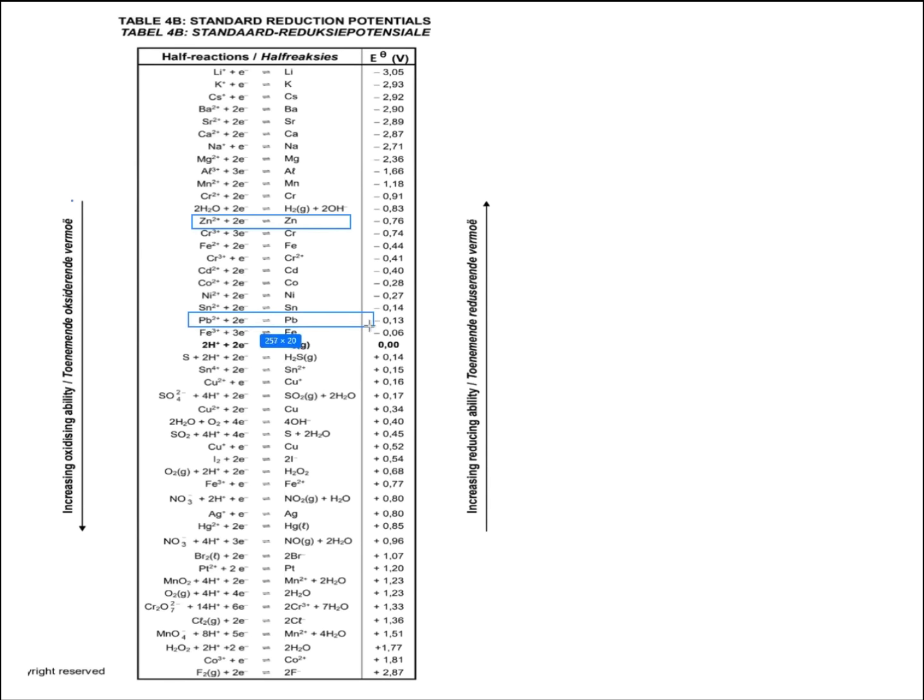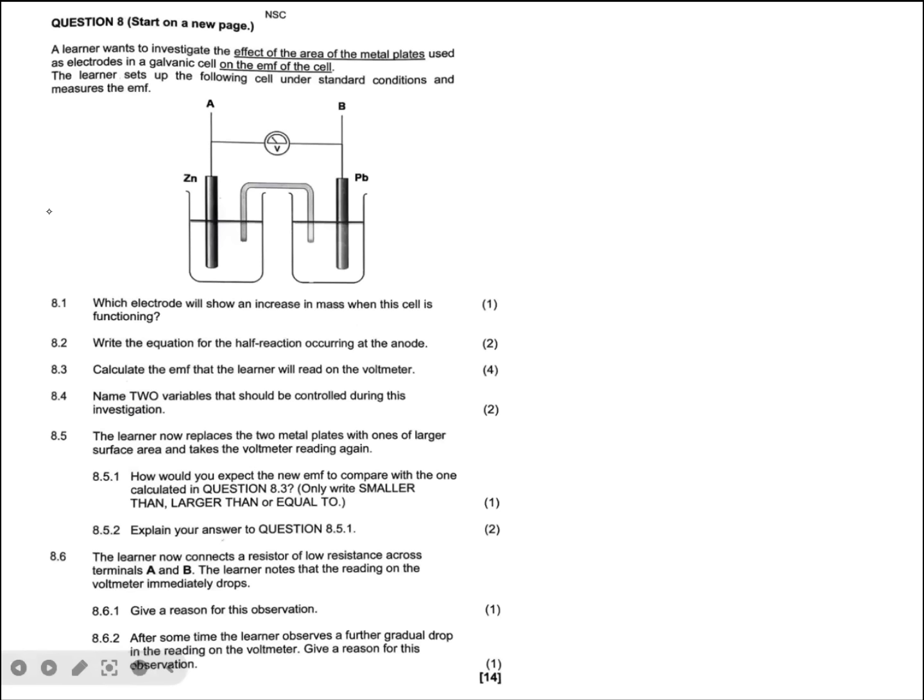So that means this would be the anode, where we know there will be a mass decrease, but this is the cathode where we'll observe a what? A mass increase, right? The mass increase happens in the cathode because in the cathode, that's where we have reduction. Reduction is gain of electrons. Where there is a gain of electrons, there will be a mass increase. So our solution for 8.1 is going to be Pb.